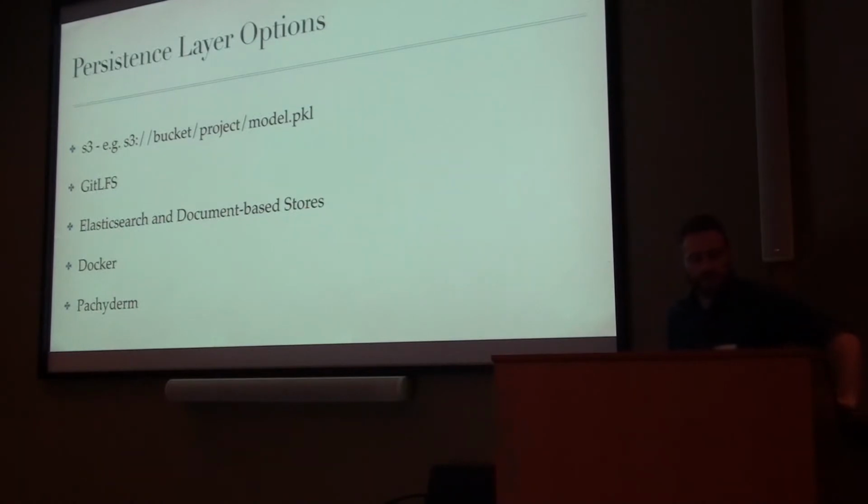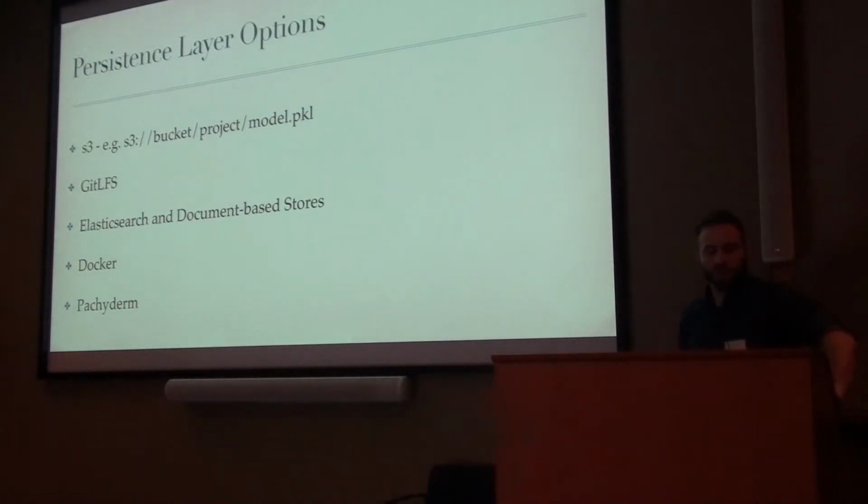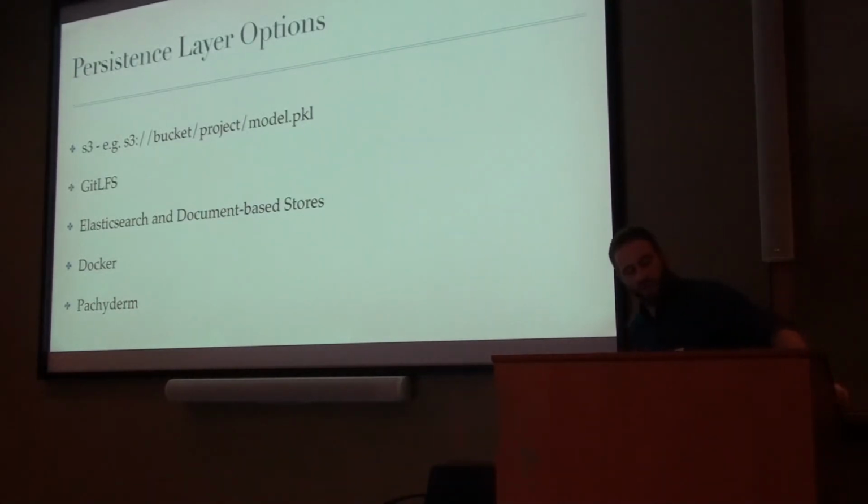So for example, something that's really common is people typically store their models on S3, similar to a URL like the one I showed. There's something called Git large file system.